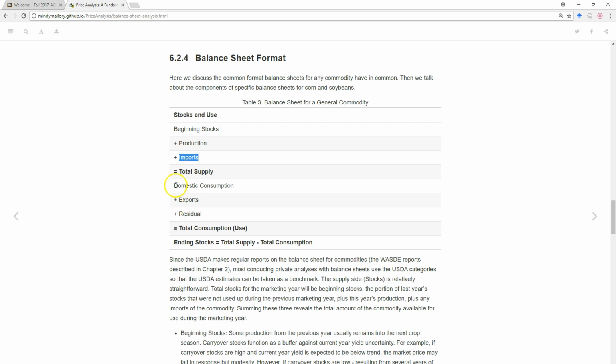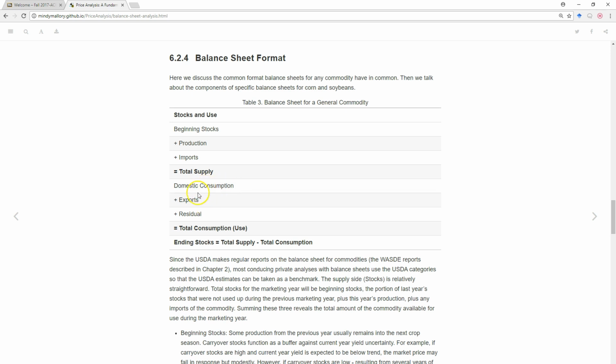Similarly, for the demand rows, we will say, okay, how much are we going to consume ourselves? Different commodities will have different components of this. For example, we produce a lot of ethanol from corn, and in the corn balance sheet, we give ethanol production its own line and separate out that domestic consumption in a variety of ways depending on what we typically use that commodity for. You'll see some specific examples of that in the chapter as we read down below.